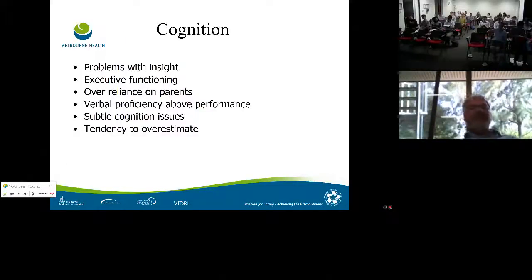So they have problems with insight. They have problems with executive functioning. They tend to have a verbal proficiency above performance proficiency, and you've probably heard of the cocktail party syndrome, where these patients can chat away on insubstantial matters quite well, but if you then want to get them to actually act on things, that's much more of an issue for them.